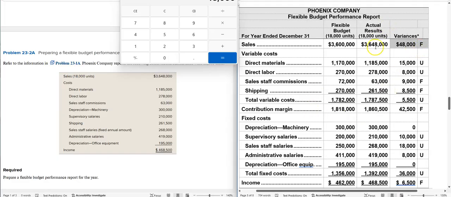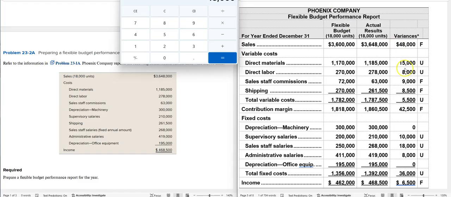We want our actual revenues to be greater than our budgeted revenues, right? That's a good thing. Now let's go down here and compare direct material cost actual of 1,185,000 and my budget of 1,170,000.